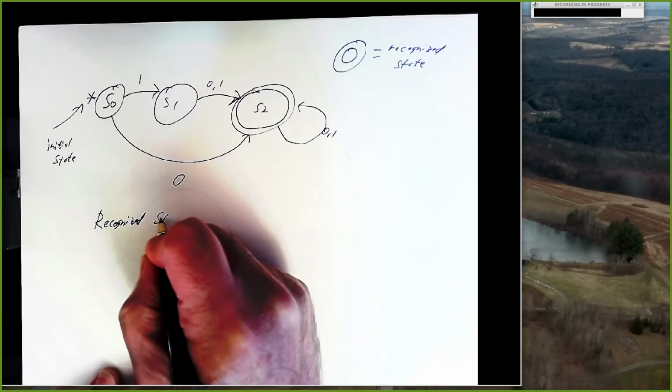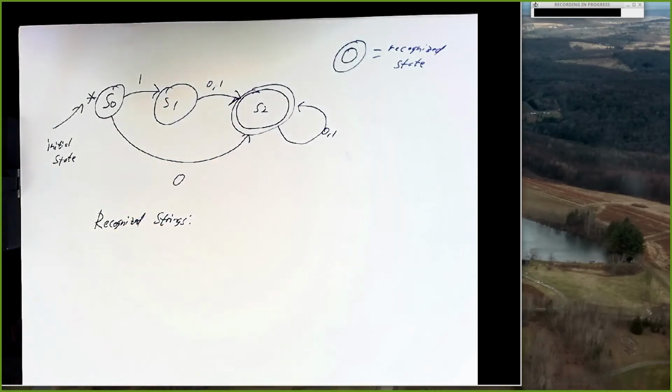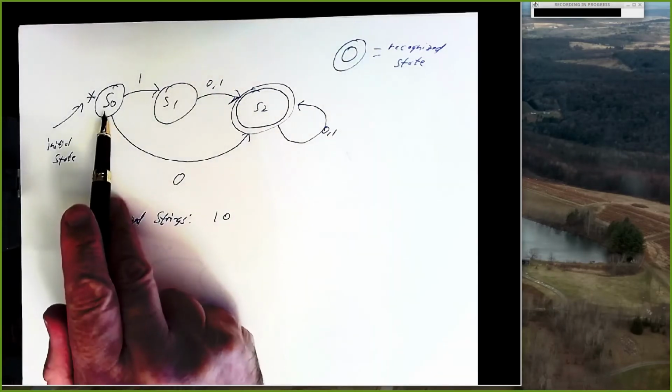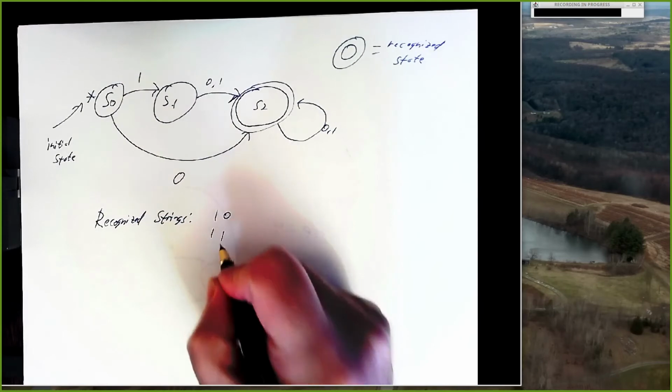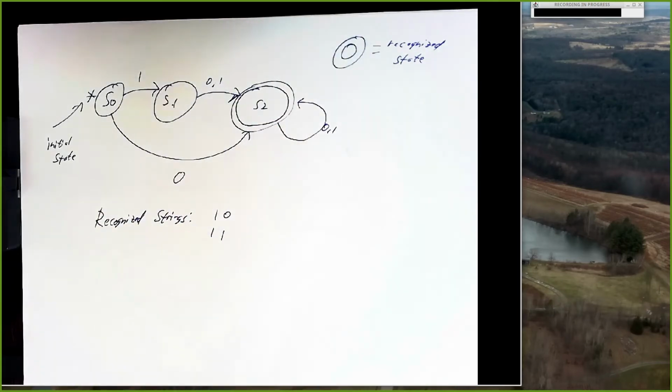So what are some of the recognized strings of bits? A 1 followed by either a 0 or 1. Yeah, a 1 followed by a 0, right? A 1 will take us here, a 0 will take us there. That's a recognized state. Or a 1 followed by a 1, start off with a 1, take a 1 in there. That's a recognized state.